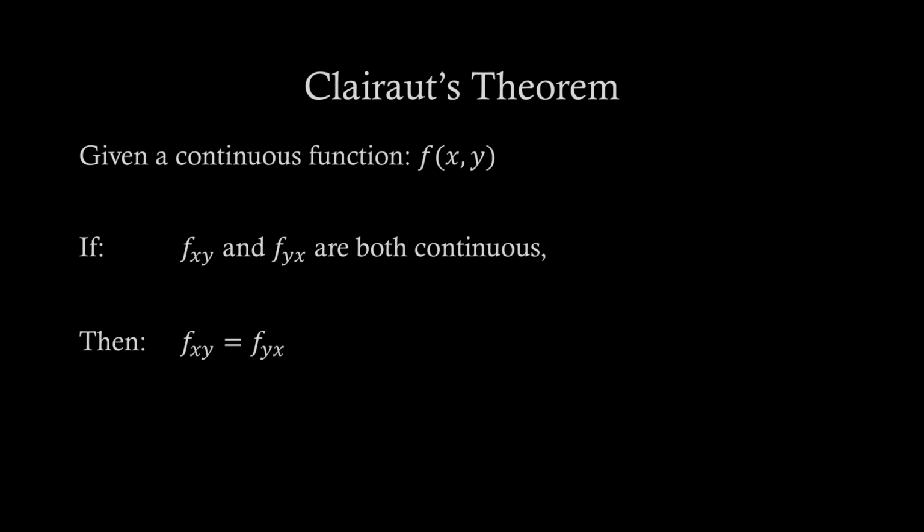Clairaut's theorem, in about as basically as I can write it: if we have a continuous function of two variables, and if the second partials, xy and yx, are both continuous, then they must be equal to each other. Now, the function does not necessarily have to be continuous everywhere, but on the intervals for which it is continuous, this theorem will hold true for all points.